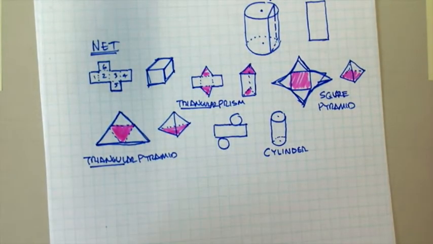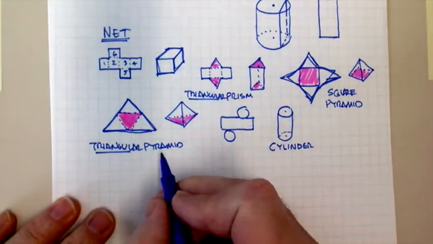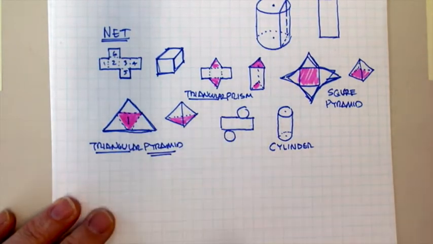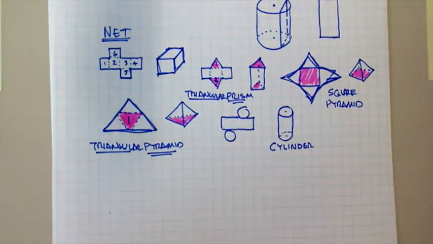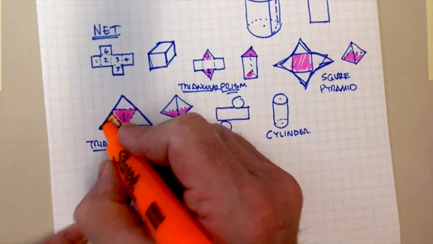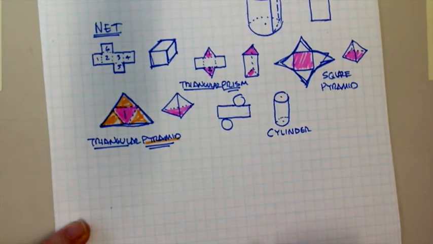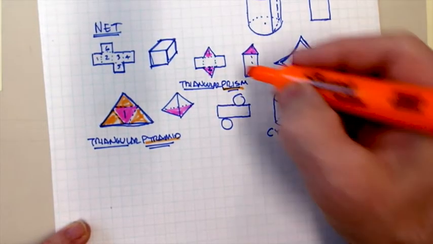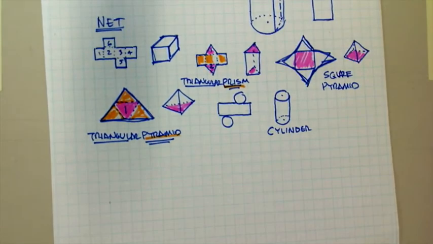The key to know the difference, or the keys, plural: One key is, you can see in the pyramid we only have one base. In the prism we have always two bases. In the triangular pyramid, all of the other faces are triangles. In the triangular prism, all of the other faces will always be rectangles.